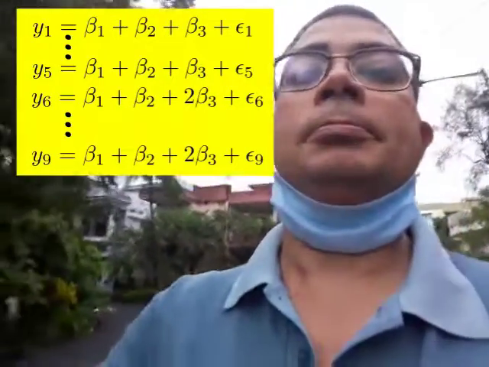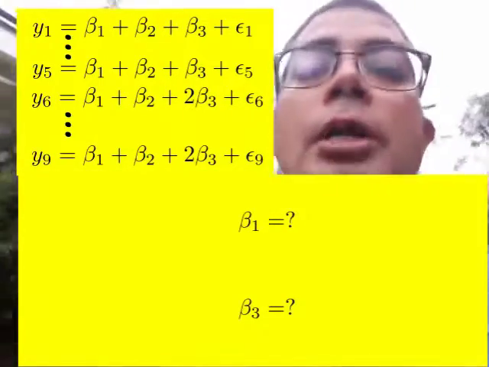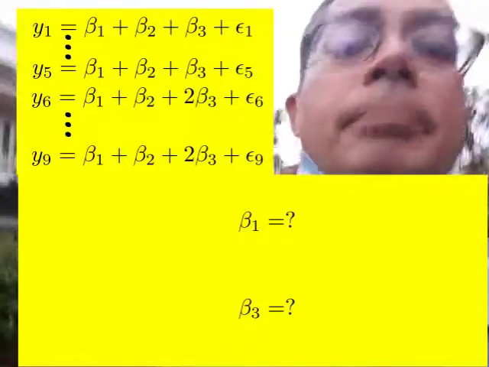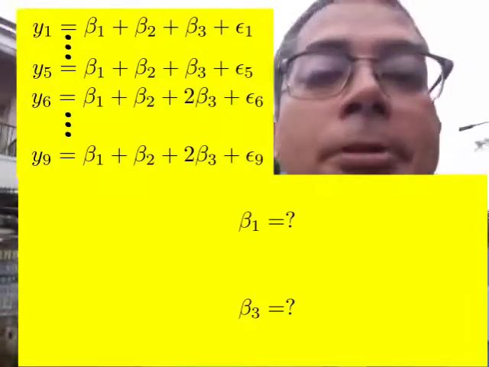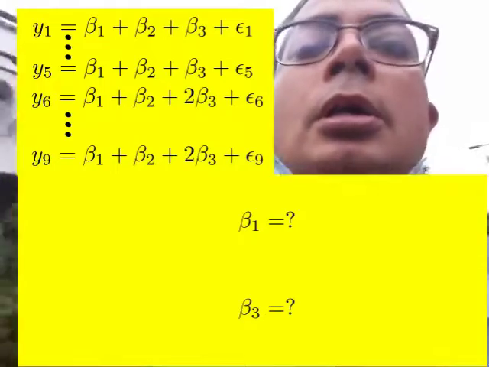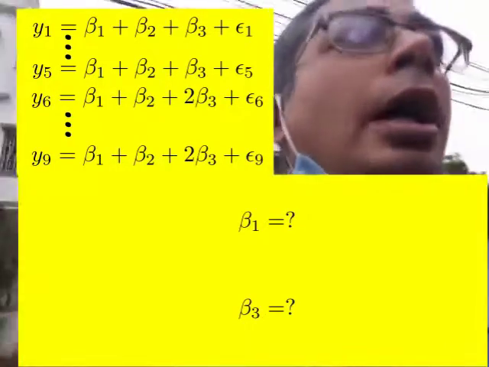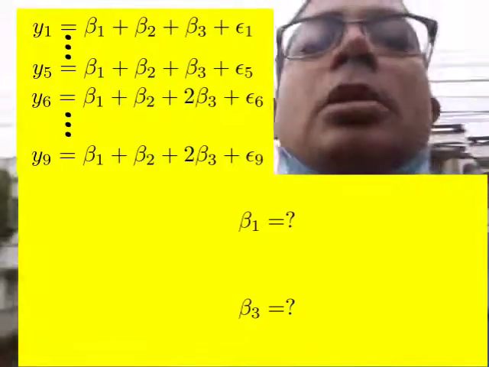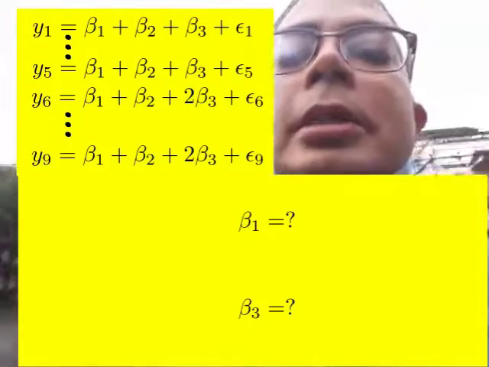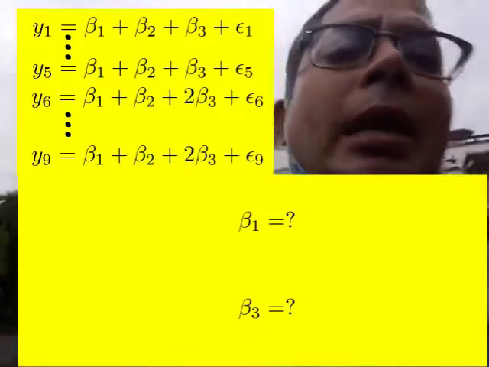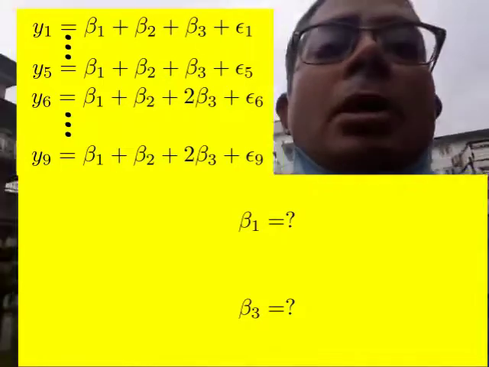Now I ask you this question: how are you going to estimate beta 1 and beta 3? Just think in a common sense way, no least squares or anything, and you can guess very easily that beta 1 you cannot estimate from this setup. Why?